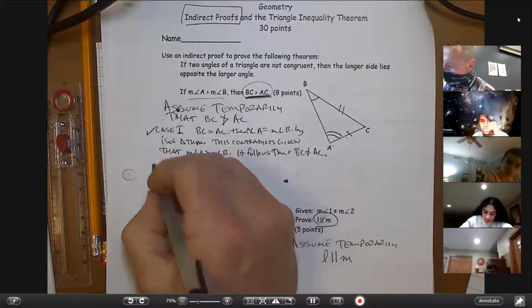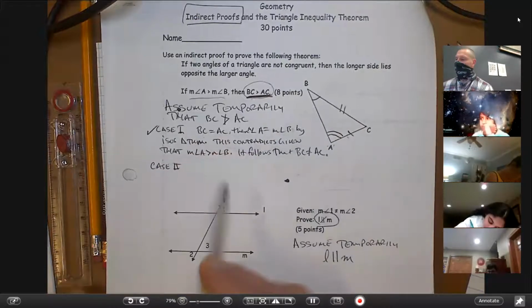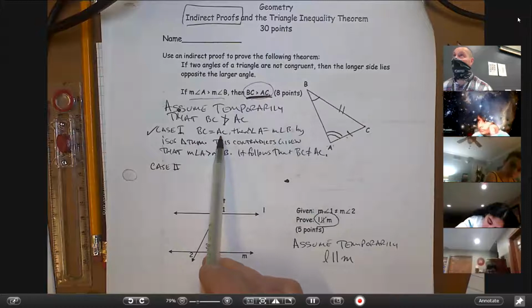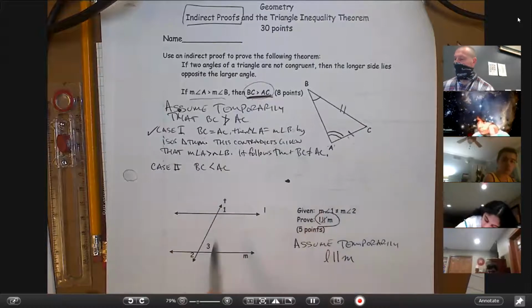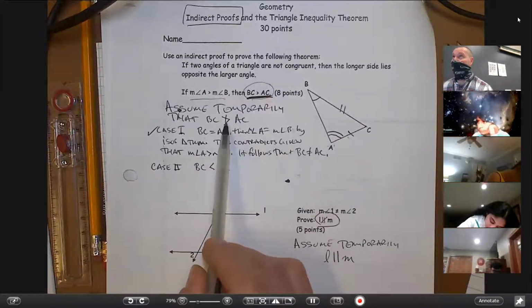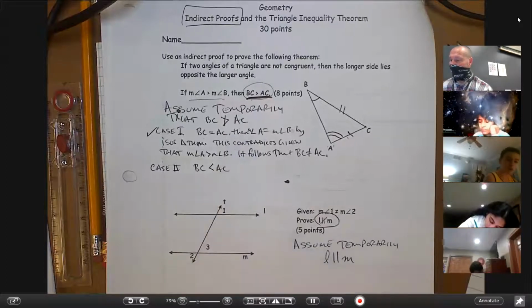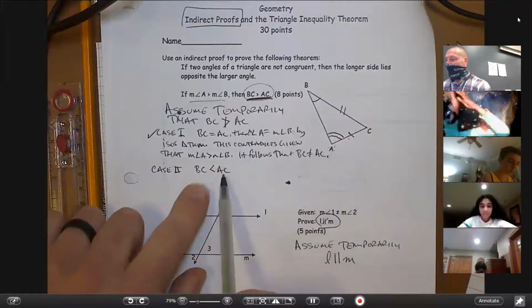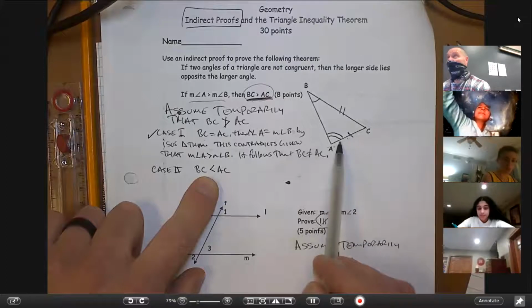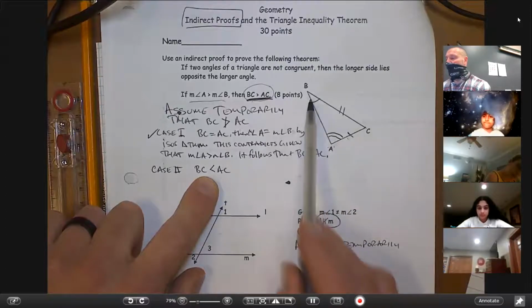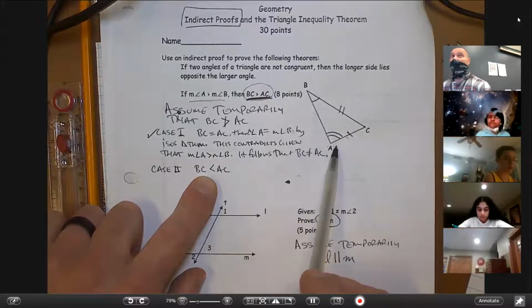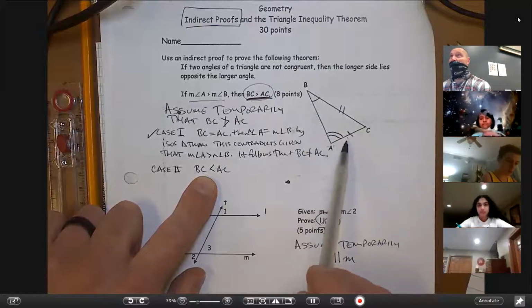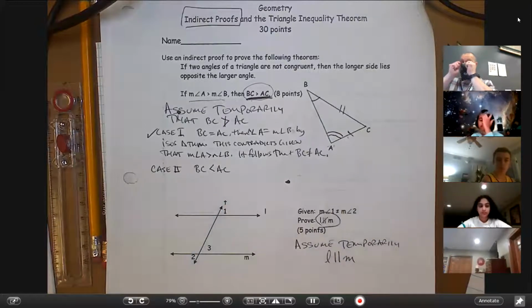Case two, instead of assuming that BC is equal to AC, we could have that BC is less than AC. We're saying that it's not greater than, so it could be equal or it could be less than. However, remember that if BC is less than AC, or AC is longer, then the measure of angle B has to be greater than the measure of angle A, right? Because we've already proved using the statement and two-column proof that the larger angle is opposite the larger side.